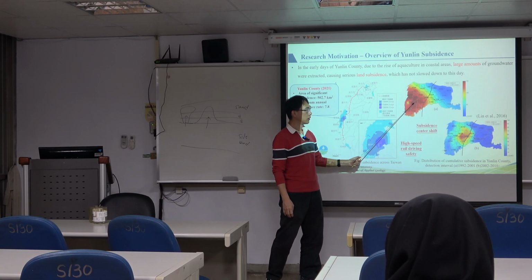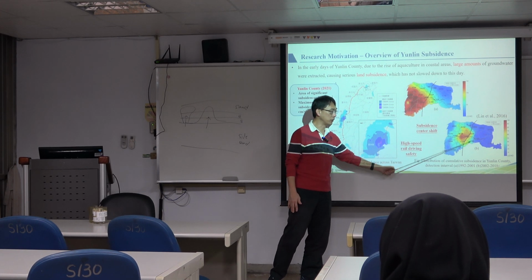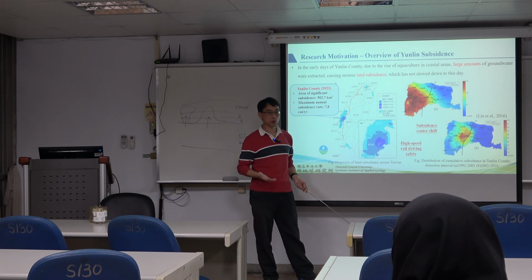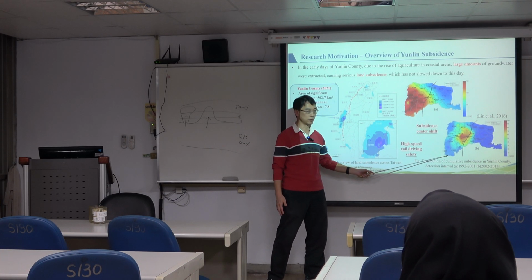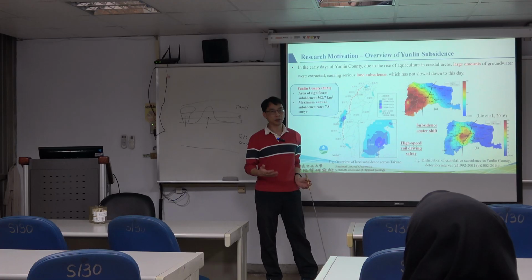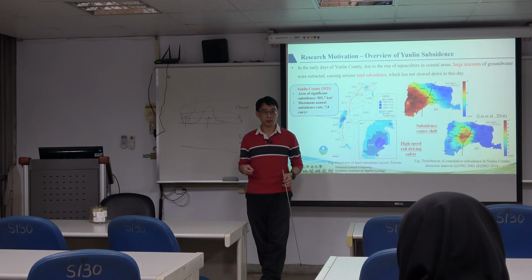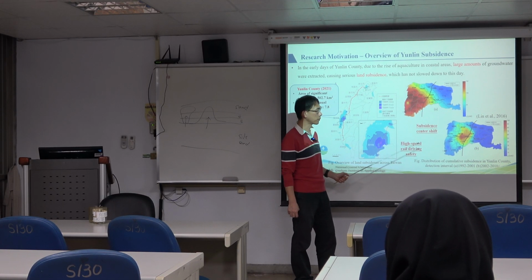So if the system did not change, and we just imagine that the pumping was originally here, and right now it moves inland and this one stops pumping, so it becomes like that. That could be correct. But honestly speaking, this area still has some pumping activity. Whether the pumping changed largely or not is not easy to determine because we do not have the pumping observations or pumping quantities for this kind of work.